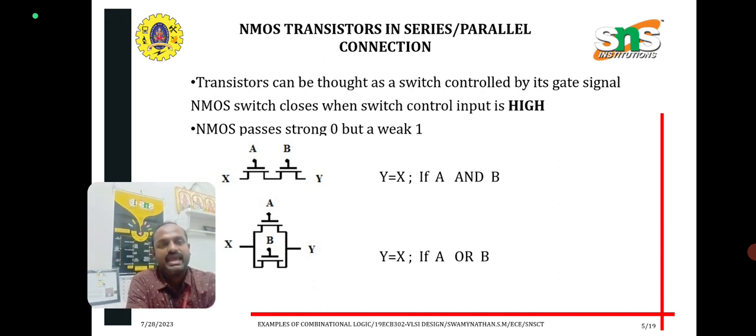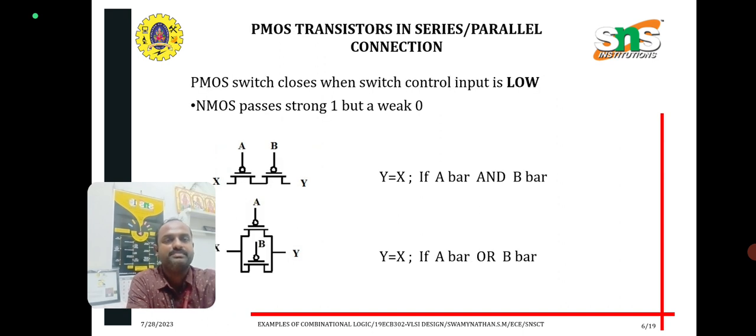If A and B are in series, like an AND gate, then Y is equal to X, meaning both must be enabled, that is A and B. Next, if the combination is parallel, then Y is equal to X if A or B, so if any one is enabled, the output will conduct. The output conducts means X, the input, is given as the output. So these are the series and parallel combinations.